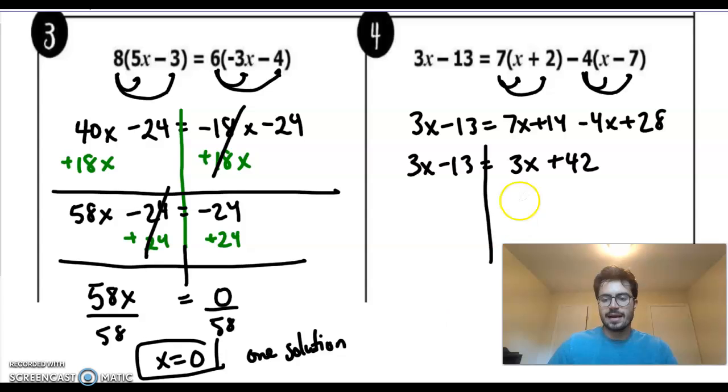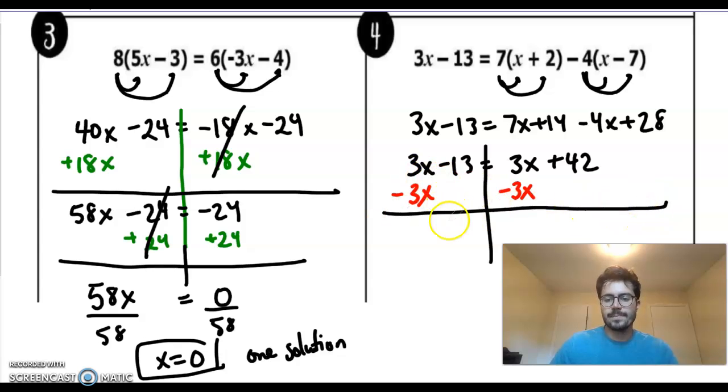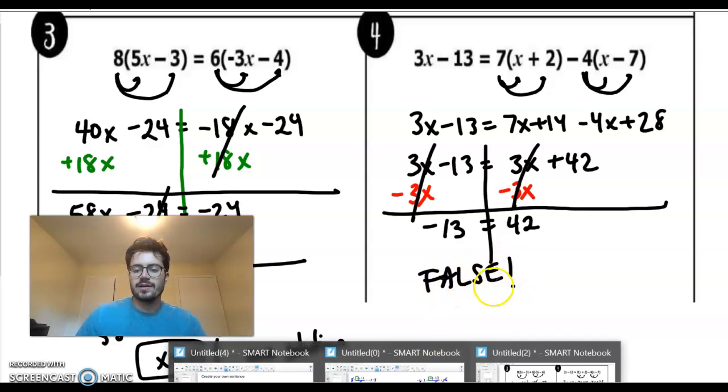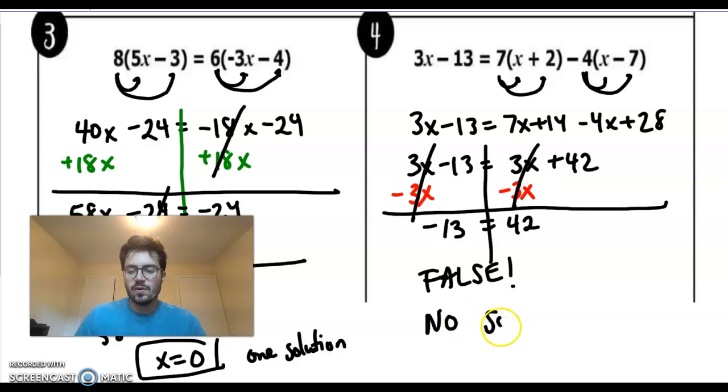And then I'm going to subtract 3x from both sides. I get negative 13, because these go away, and these go away, equals 42. Guys, this is false. So that means no solution. Negative 13 cannot equal 42.